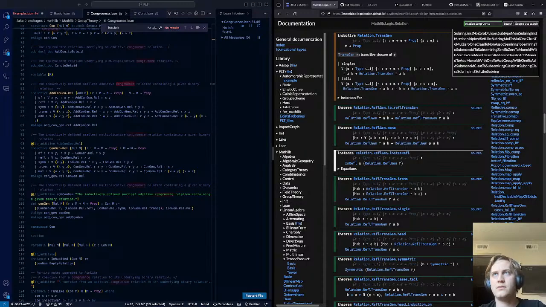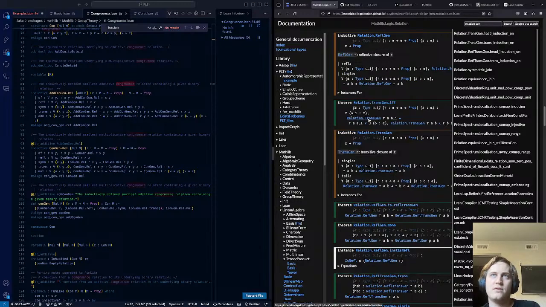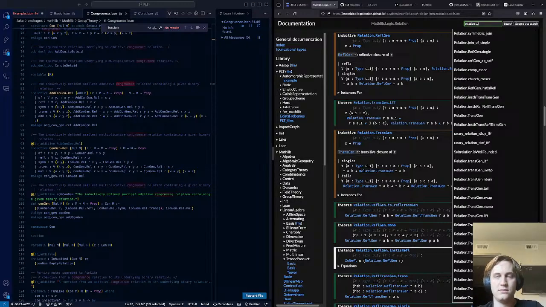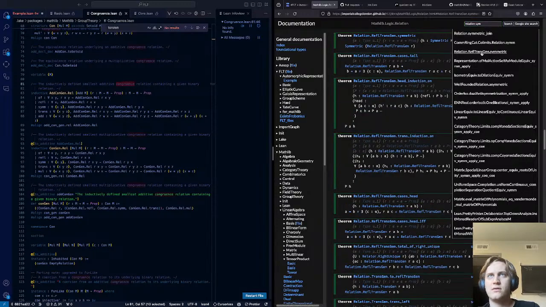Relation, based on how things are not full words here. Maybe this part of the library doesn't use full words. TransGen. Okay, TransGen is the transitive closure. ReflGen is the reflexive closure. Is there a SymmGen?